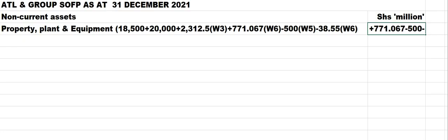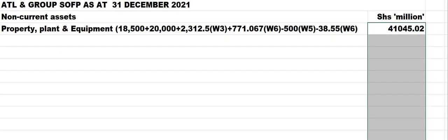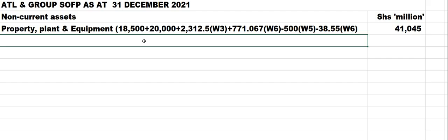So minus 38.55, which gives us this. Okay, so that's property, plant and equipment.